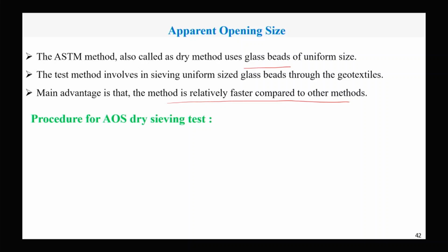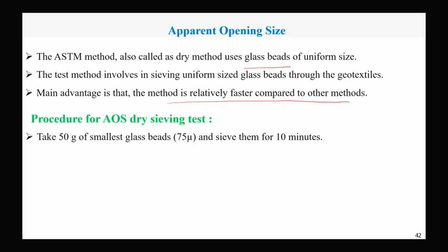The wet sieving method is also there, but in the dry sieving method you first take 50 gram of the smallest glass beads possible, let's say 75 micron, and sieve for 10 minutes.